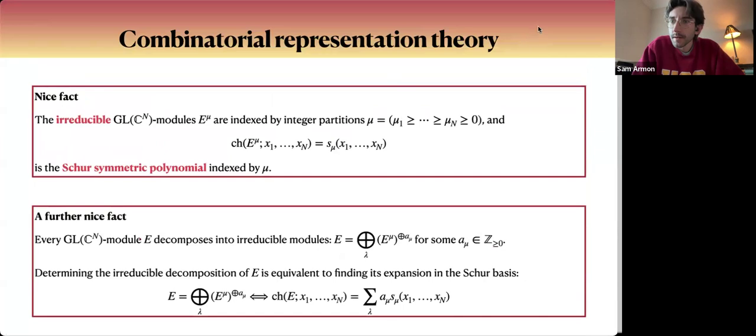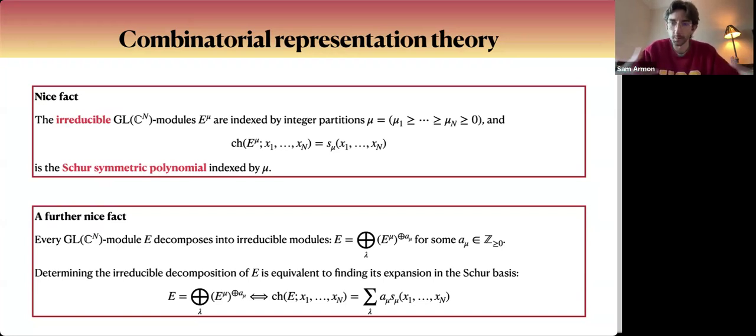Okay, and one final nice fact to hit you with. I made this claim that the irreducible GLN modules are indexed by integer partitions. I didn't really say what irreducible is, but the idea, as the name suggests, is that if I take any arbitrary GLN module, I can decompose it uniquely into irreducible modules.